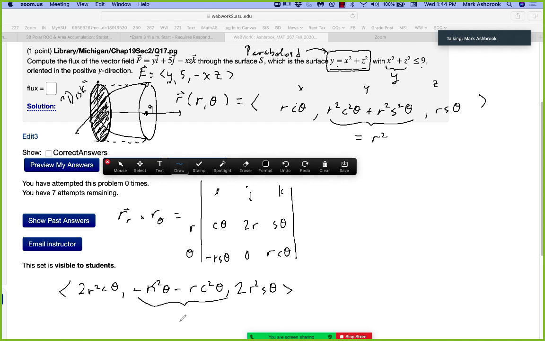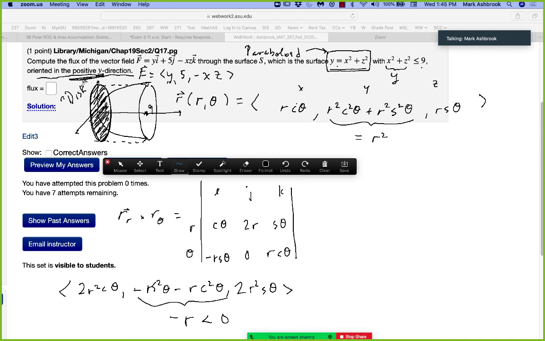Factor out negative r. So let's take our orientation. Now we've got the cross product, oriented in the positive y direction. Does this vector agree with the positive y direction? Because we have a negative 1. Yeah, the value of r is positive, so we're taking the opposite. This is less than 0.